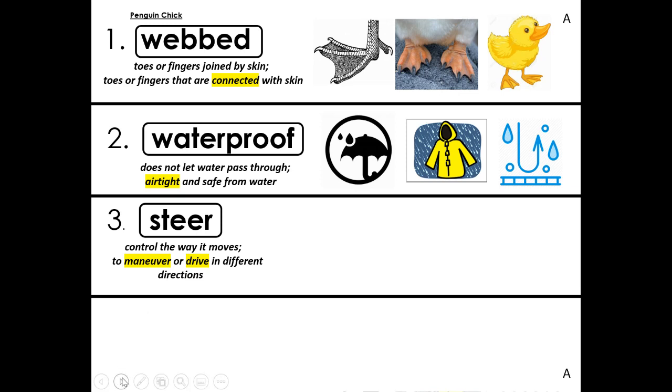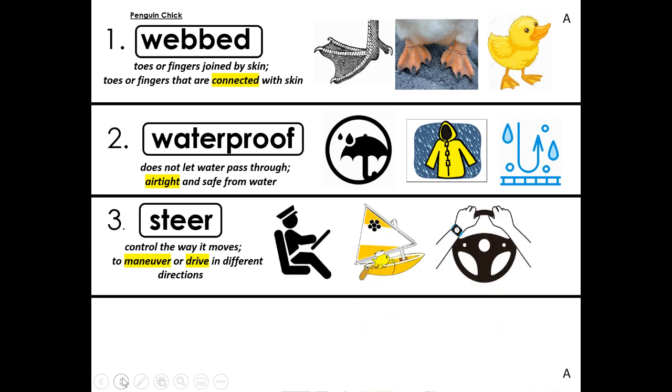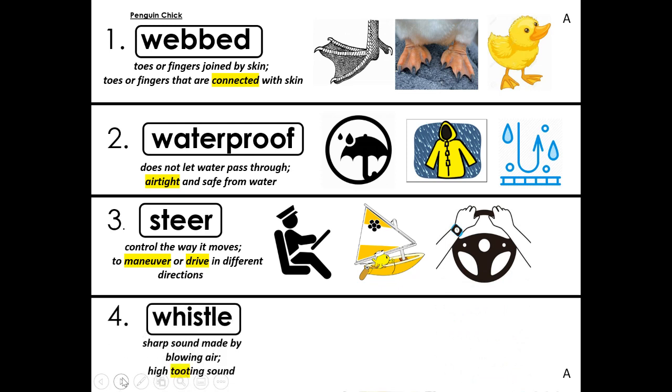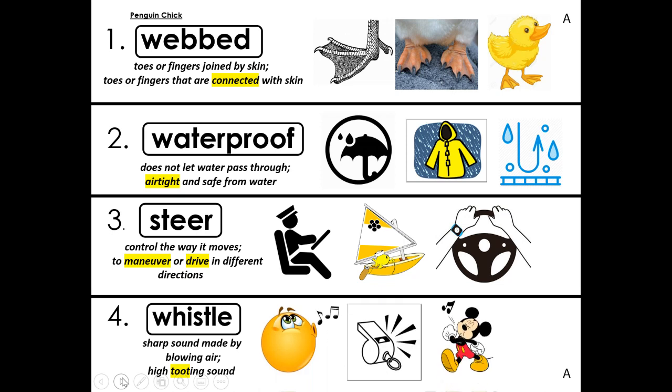I highlighted the synonym maneuver, or you can write drive. Number four, whistle. Sharp sound made by blowing air, high tooting sound. A synonym for whistle is toot or tooting.